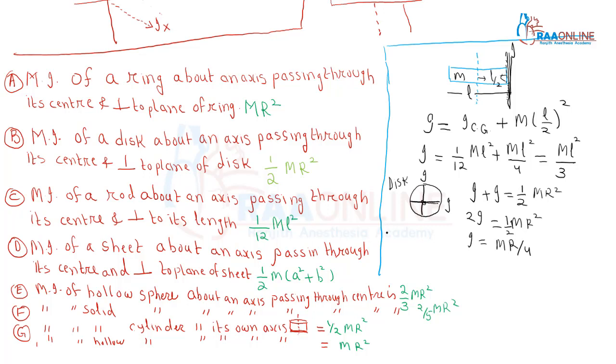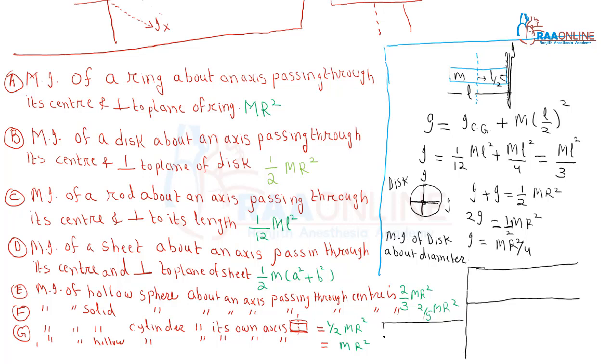It means the moment of inertia of a disk about a diameter, we got m r squared by 4. So in this way, the theorem of parallel axis and the theorem of perpendicular axis are both very, very useful. With the help of that, we can calculate so many things.